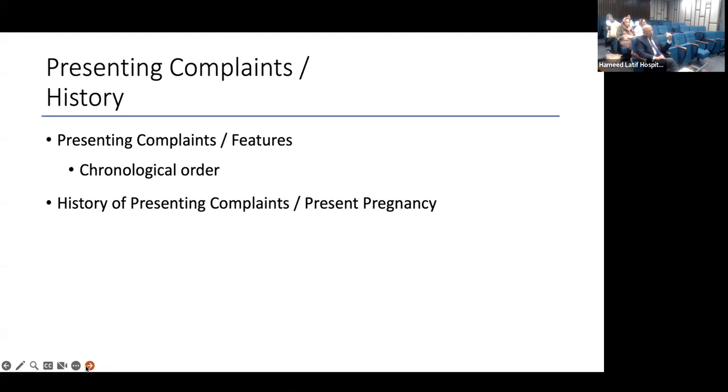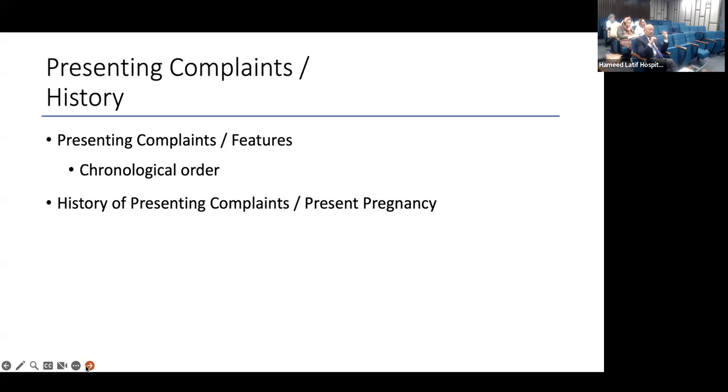But you would start that the woman had her last menstrual period on such and such date, and then after she missed her periods, either she had a test done herself, or she got it done from the lab, or she saw a doctor, or she had an ultrasound whereby the pregnancy was confirmed. So that is something which needs to be established. But don't start with gestational amenorrhea.